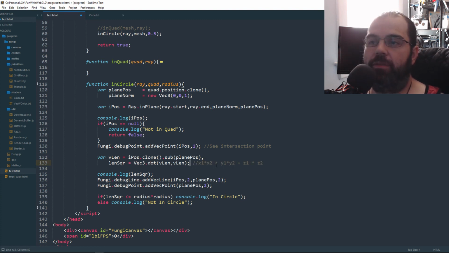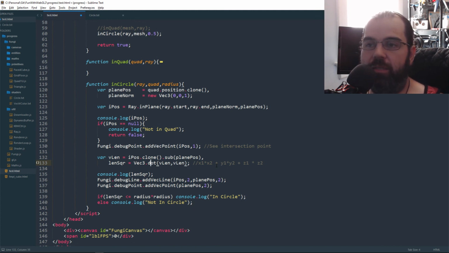And you might be wondering, why am I using a dot notation? Because a dot product actually follows the exact same formula. I'm passing in the exact same value twice. So instead of writing out this equation, I can just use the dot product of it with itself to get its length squared.